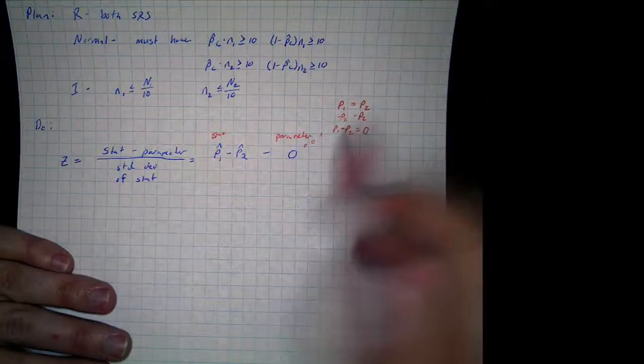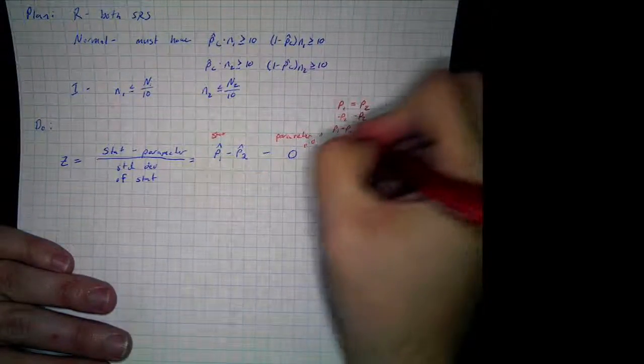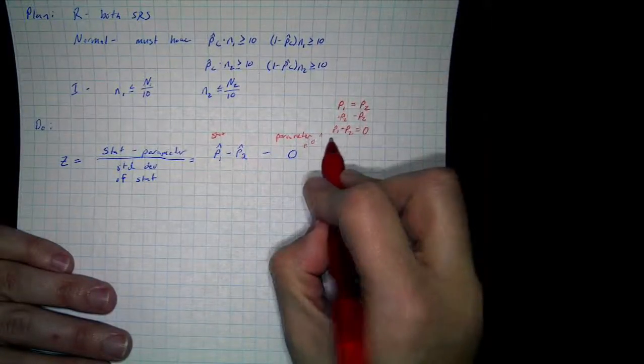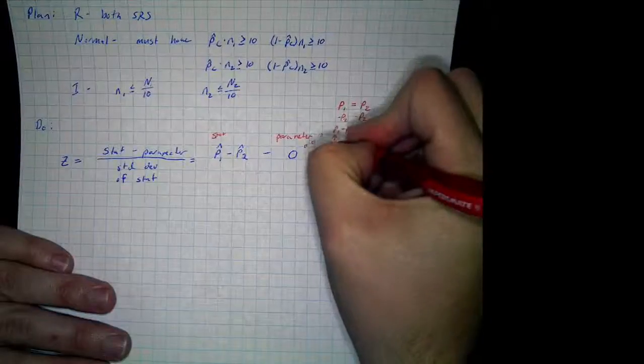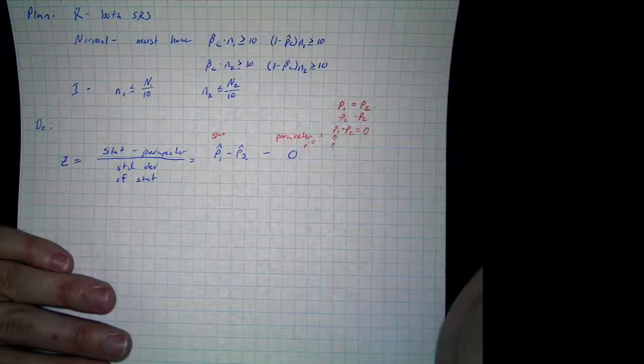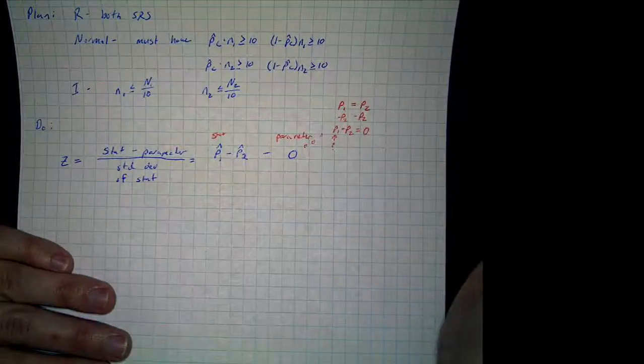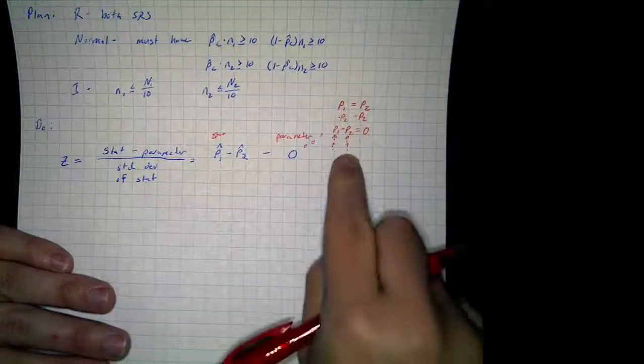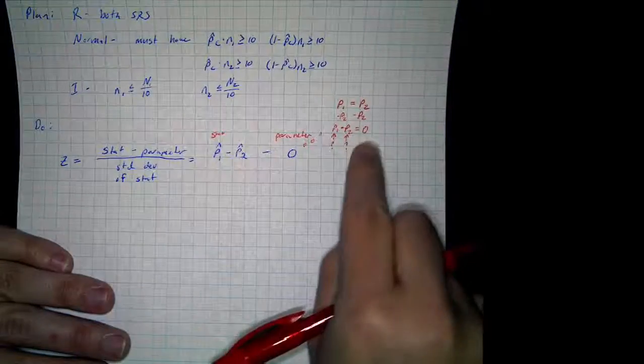Now this thing, do I know P1? This thing, I do not know. I don't know how many kids like Crispitos in high school, and I do not know how many kids like Crispitos in junior high. But I know 0.